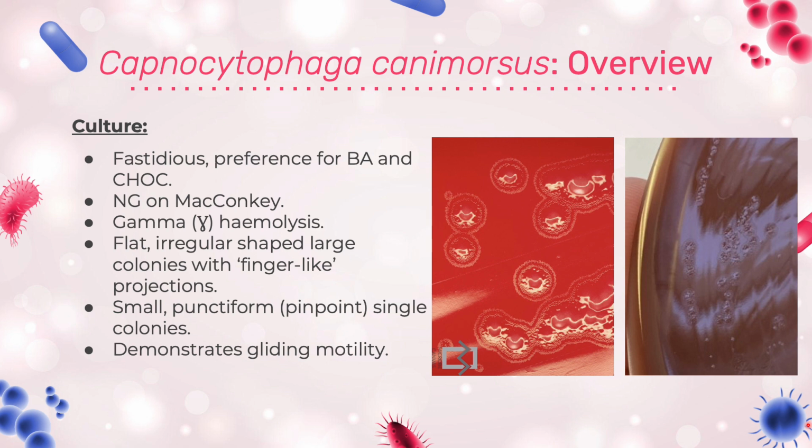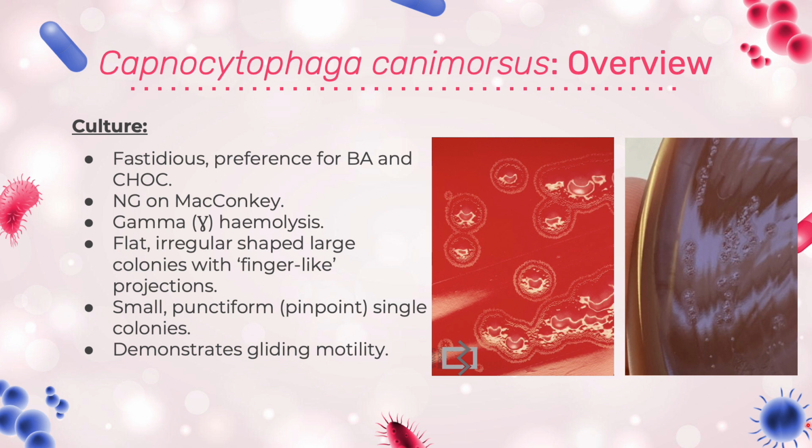This organism doesn't grow very well on MacConkey agar, which is a selective agar plate that we try and use to isolate our gram-negative organisms with. And if you remember, Capnocytophaga is a gram-negative organism, so it's always good to note that not all gram-negatives are a fan of MacConkey. Other examples include Neisseria gonorrhoeae, Neisseria meningitidis, and Pasteurella multocida.